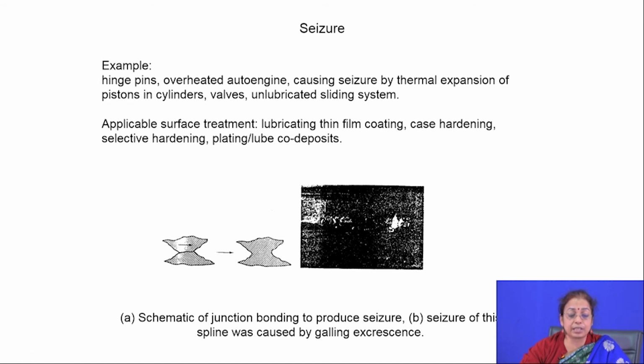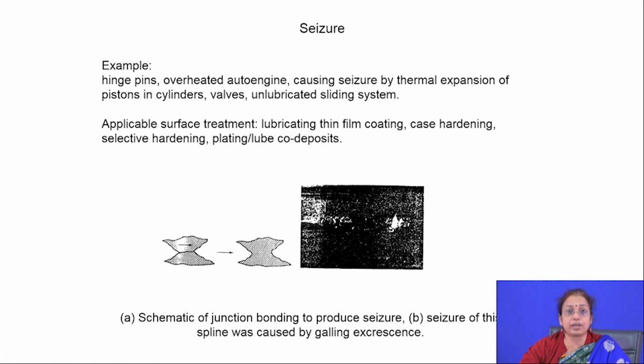So, for example, hinge pins, overheated auto engines causing seizure by thermal expansion of the pistons in cylinders, unlubricated sliding systems. Here, when the components have very similar composition and very similar hardness, and the temperature experienced by the component is very high, then there is adhesive joint formation.